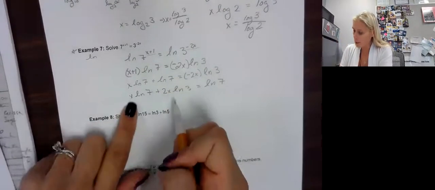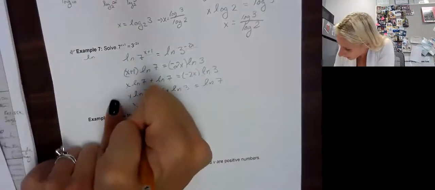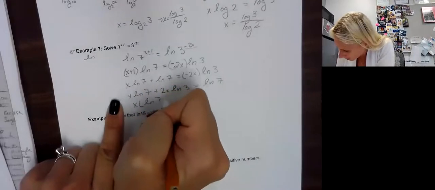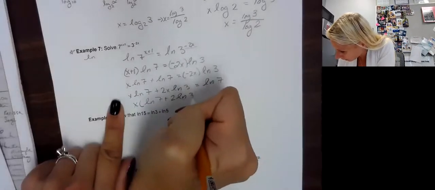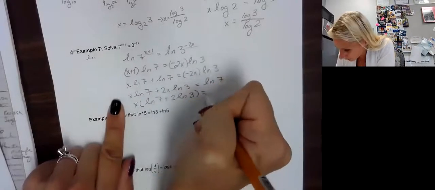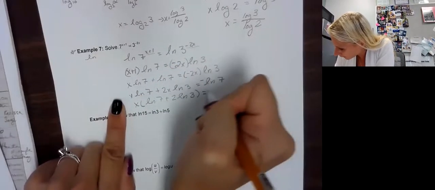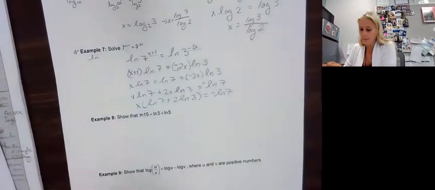Now, if you remember, what we can do here now is take out an x, right? So we have x times (ln 7 plus 2 ln 3) equals, oh, and this should be negative, right? Because I subtracted that from both sides. For those of you who caught it, good job.